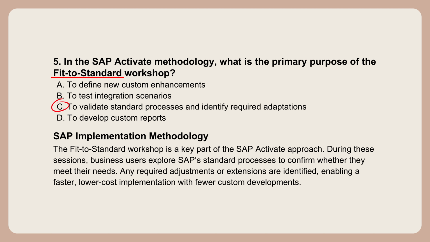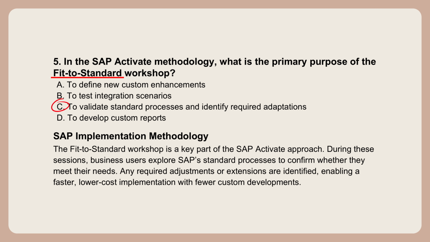Validate standard processes. So you start by looking at SAP's pre-built best practices. Yes, that's the starting point. You sit down with the customer and walk through the standard SAP processes for their industry. Why start there instead of just asking the customer what they want? Because the philosophy with S/4HANA Cloud is to leverage the standard as much as possible.